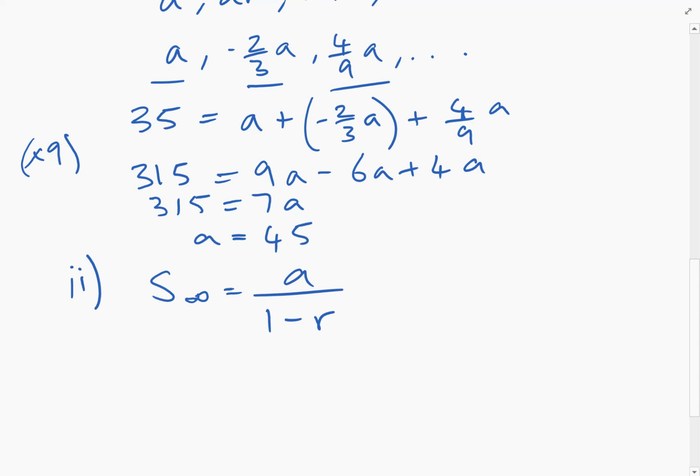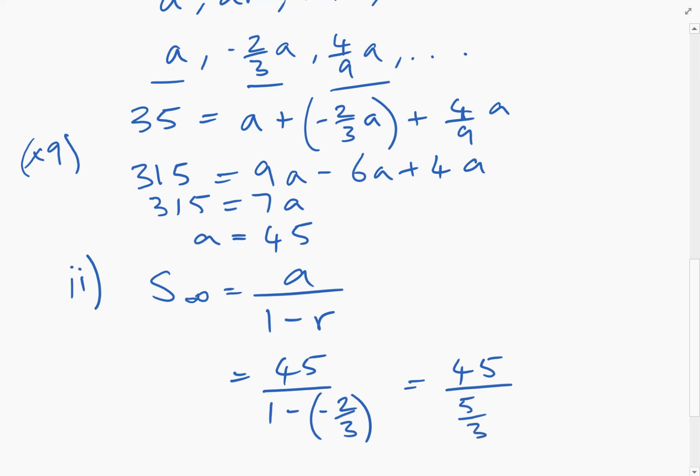So that's in the formula book, and it's going to be 45 over 1 minus minus 2/3, which is 45 over 5 over 3. And so just typing that in, so 45 divided by 5 over 3. You probably got that before me. It's 27. Okay, so the answer is 27.